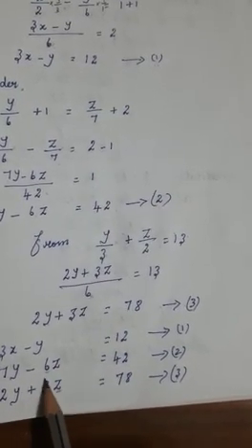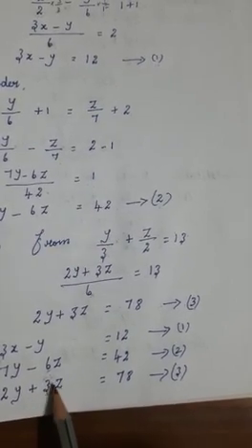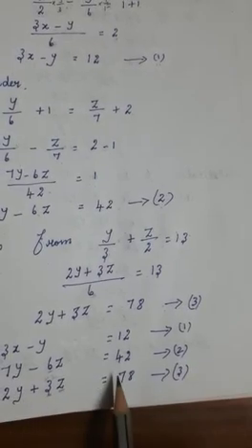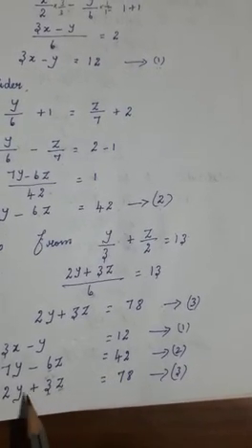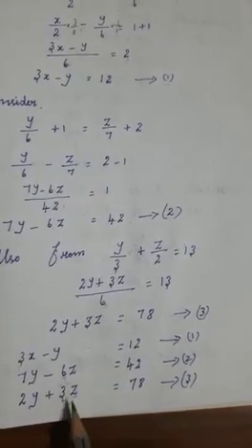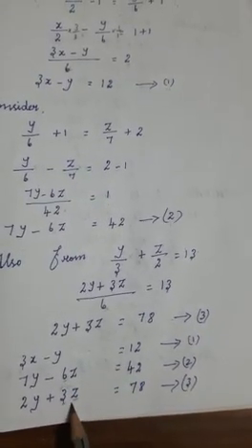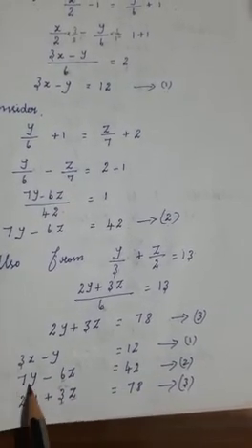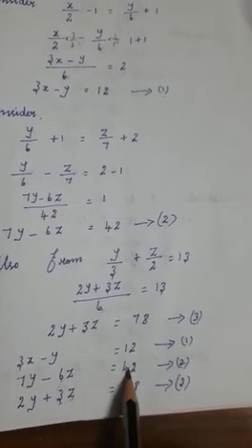Multiply with 2 only. So 3 2s are only 6, it will come. Not only this one part, you need to multiply the whole equation with 2, otherwise the values will change. Okay, so you have to multiply this equation fully with 2. Then the coefficient of the z variable you can make the same. Okay, so now see, the second equation has no change, you have to write 7y minus 6z is equal to 42.